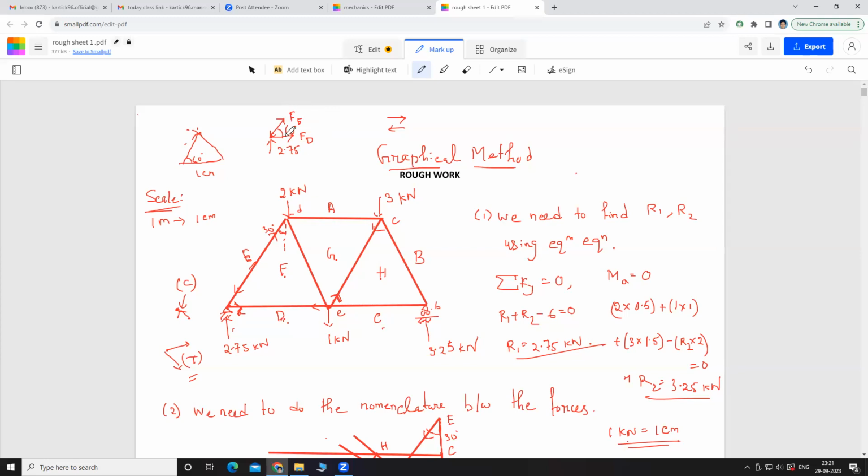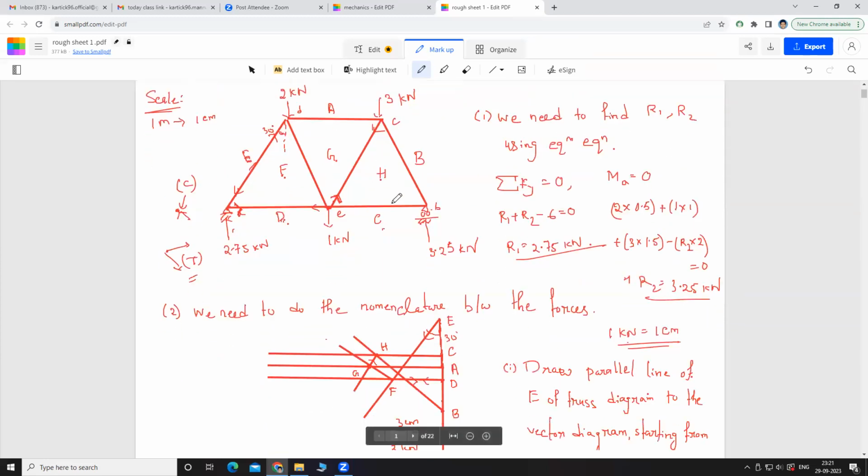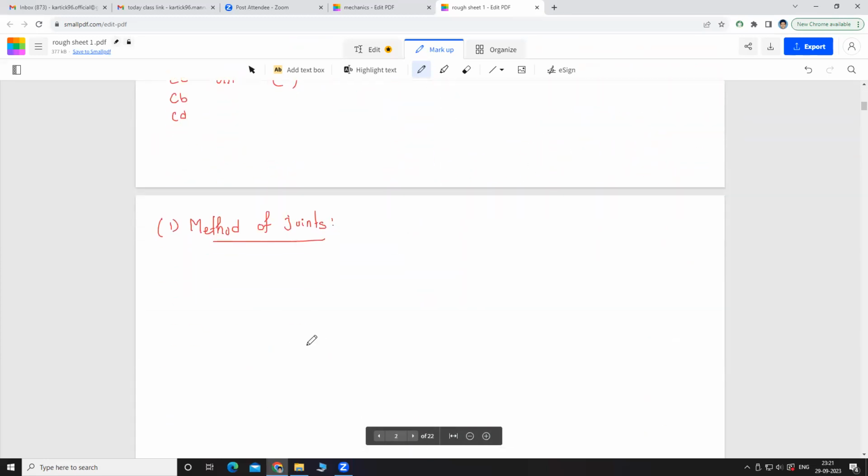If we zoom in on this one, here it is 2.75. This side we have F of D, and here it is F of E, and here the angle is 60 degrees.